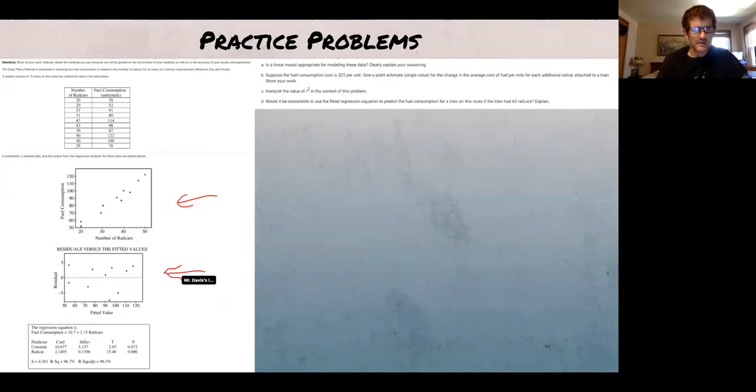The scatter plot, and this is where I might actually write this down: a linear model appears to be appropriate because the scatter plot shows what seems to be a linear relationship, and the residual plot shows an even scattering of data with fairly constant variance around zero residuals for the entire length. There's no obvious pattern in the data, and there's no extreme outlier that would throw off the linear regression analysis.